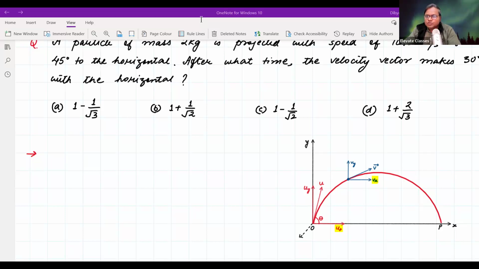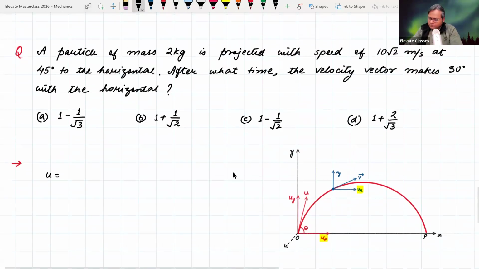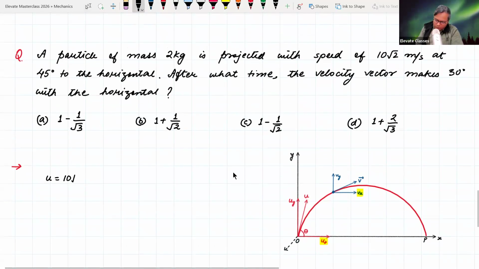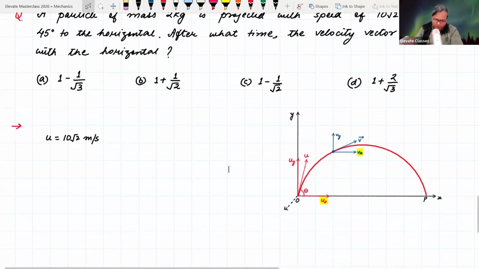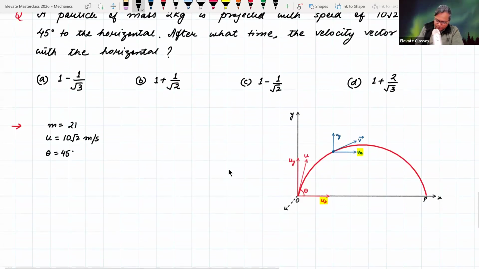Good. So we have a projectile motion. The projectile is thrown upwards with a speed of 10 root 2 meter per second at an angle of 45 degrees. The mass is 2 kgs.